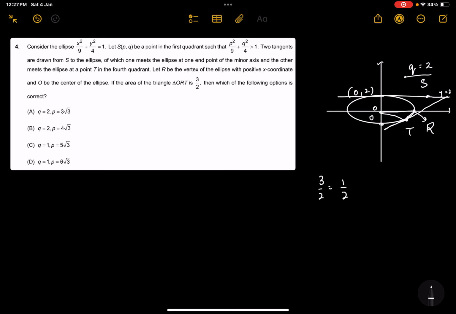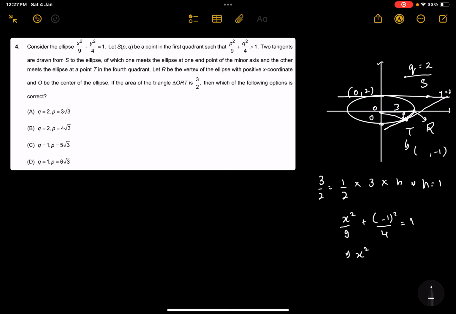This is this triangle. So its area is half into base. Let's take the base as OR, which is 3, into the height, which would be the absolute value of the y coordinate of T, which means h is equal to 1, which means the y coordinate of T is -1. And T lies on the ellipse, which gives us x²/9 + (-1)²/4 = 1.